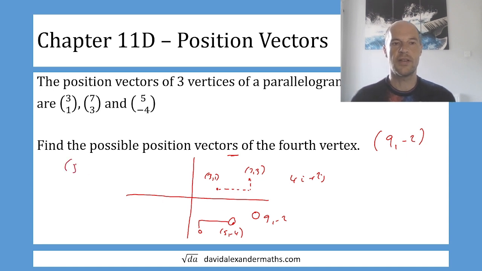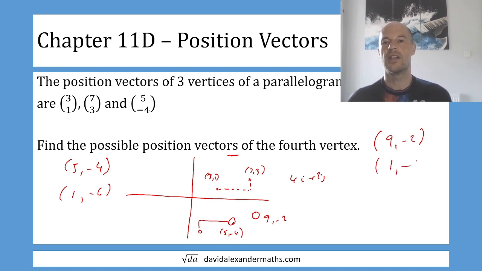So I've got 5, negative 4, so I need to subtract 4 from the x's, so that would be 1, and I need to subtract 2 from the minus 4 to get minus 6, and on my diagram that does seem vaguely believable. This could be 1i minus 6j, or just 1x minus 6y. So that is the other possible position vector of that fourth vertex, 1, negative 6.